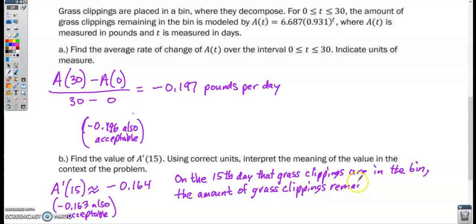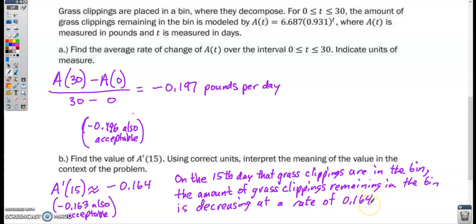Remaining in the bin is decreasing at a rate of 0.164. And again, we're talking about the rate of change, so my units here, since A of t is measured in pounds and t is measured in days, the derivative of that is going to be measured in pounds per day.